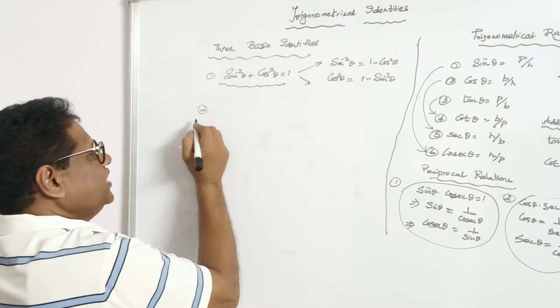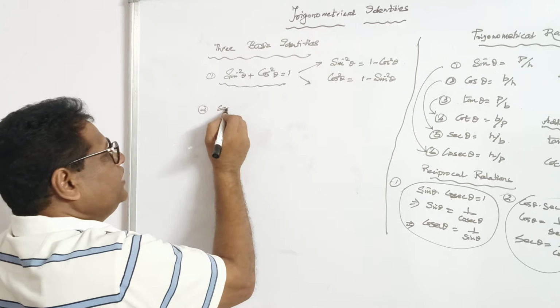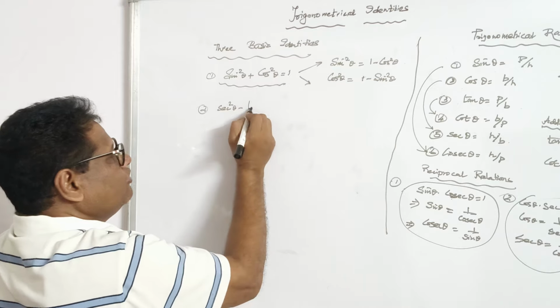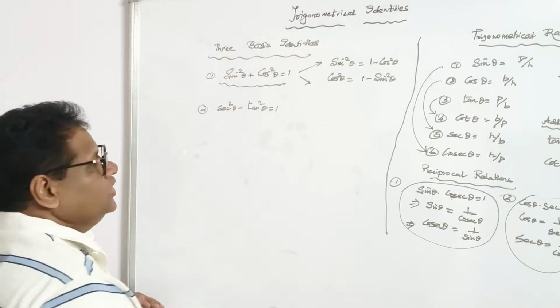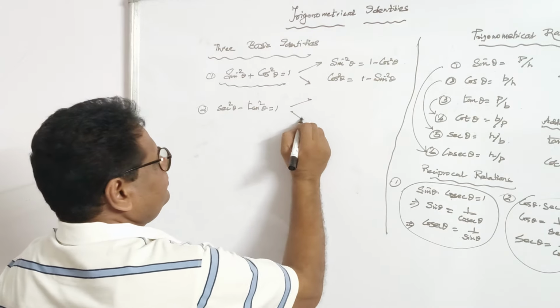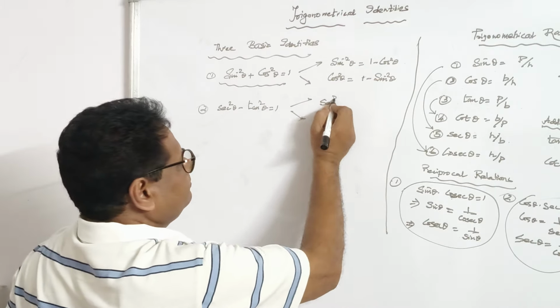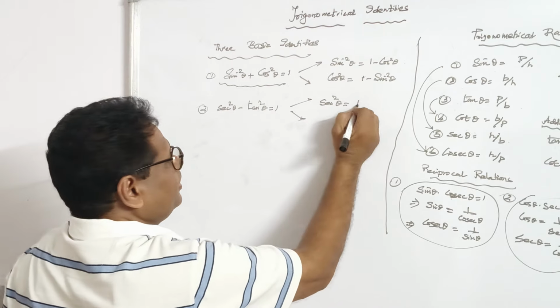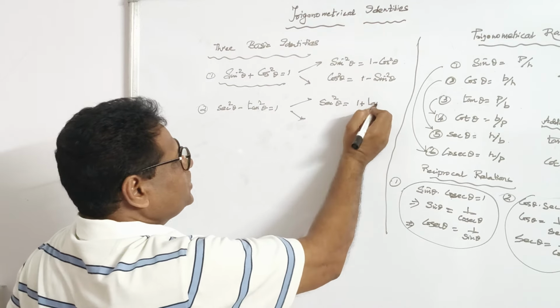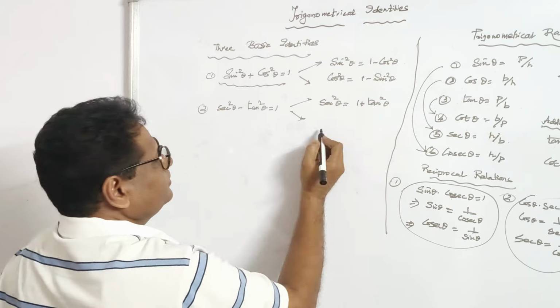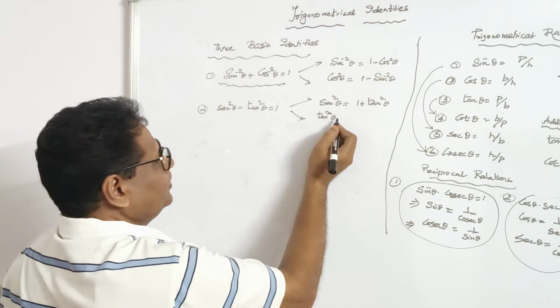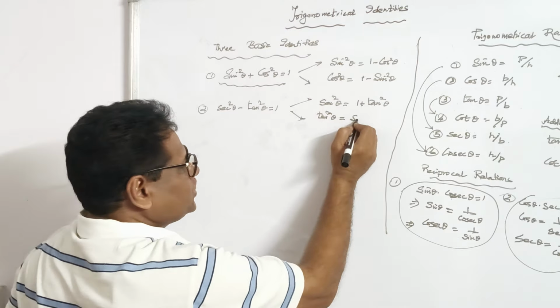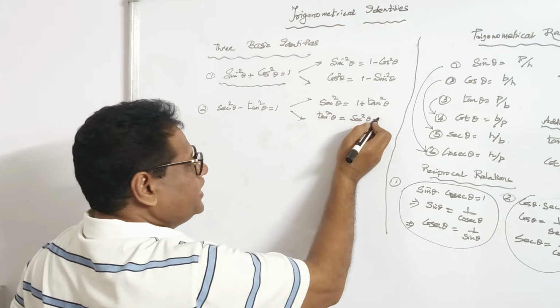The second relation is, for any value of theta, sec square theta minus tan square theta is 1. This means for sec square theta we can write 1 plus tan square theta, and for tan square theta we can write sec square theta minus 1.